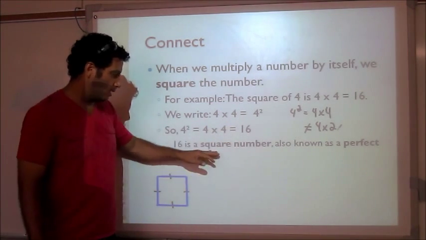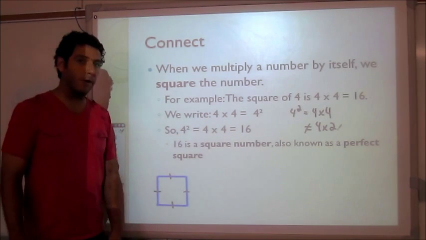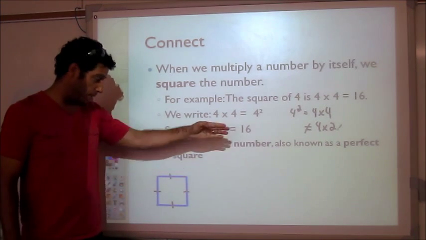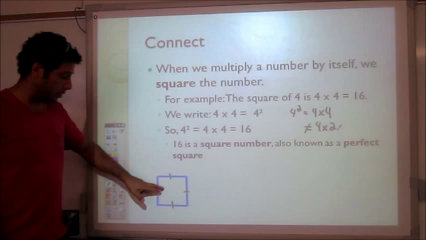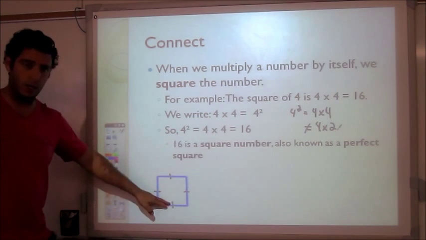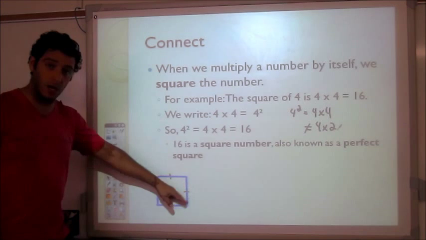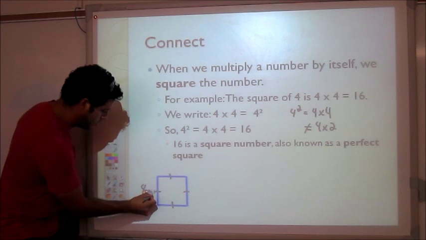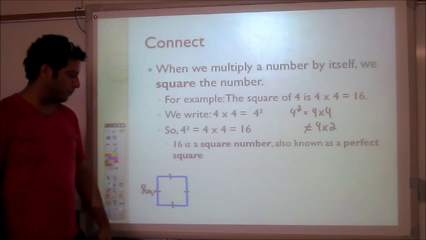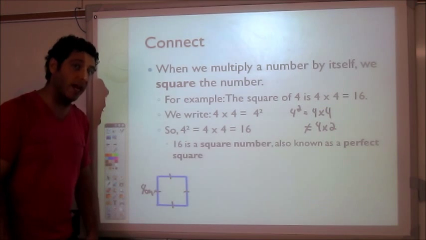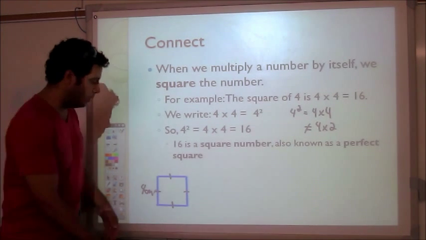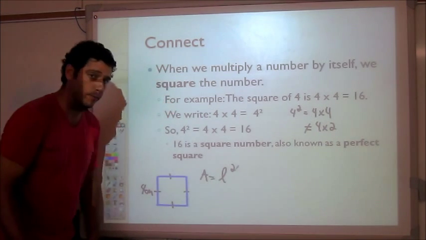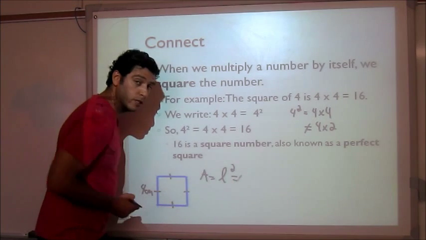And we call 16 a square number or a perfect square. And the reason we call it a square number or a perfect square is because we can actually represent the number 16 by a square. Okay, here's a square. It has 4 equal sides. And if we put the number 4 as the side length, because we know how to calculate the area of a square, we know that the area of a square is the side length of that square squared.